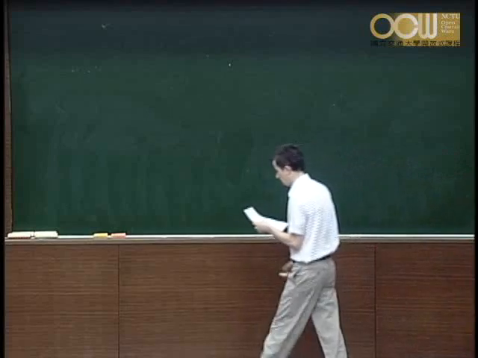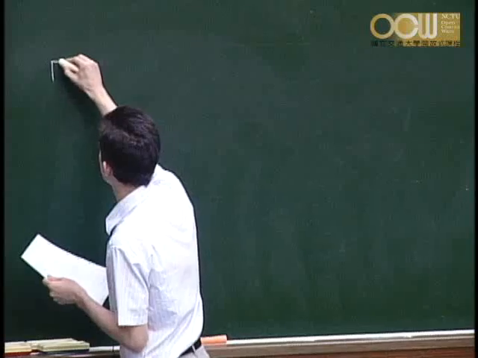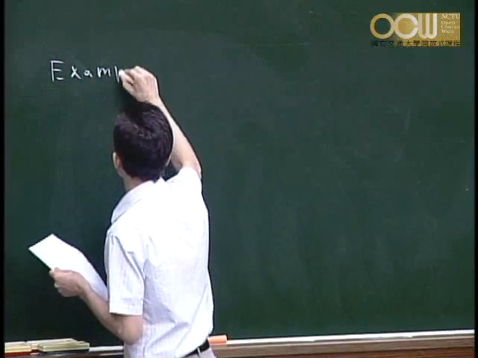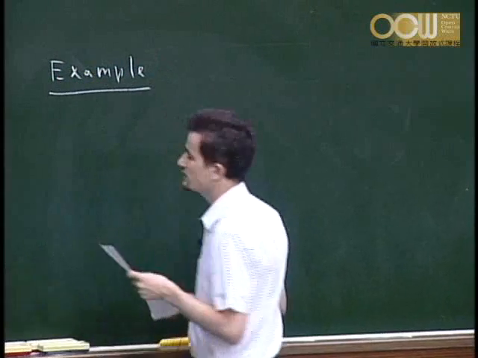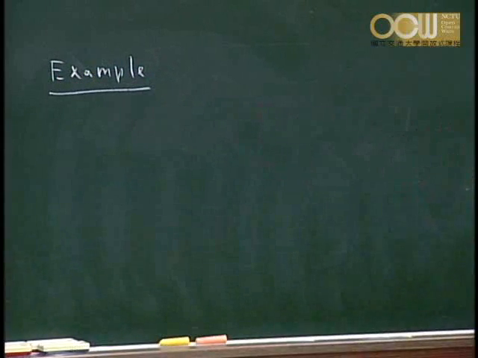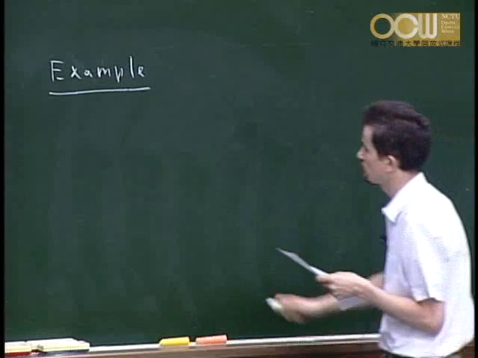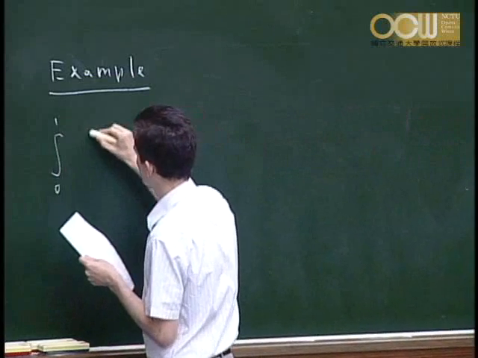Now, another important observation is the following one. Sometimes an iterated integral can be solved by changing the order of integration, whereas if you do not change it, it wouldn't be possible to solve it. So for instance, this one.